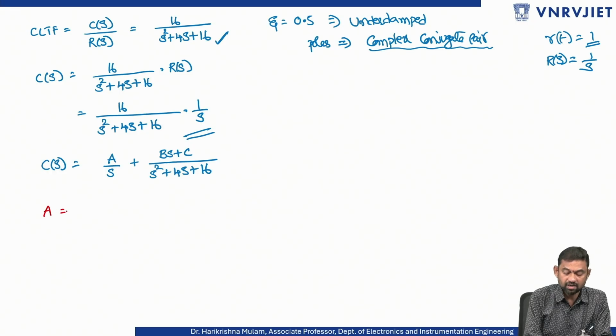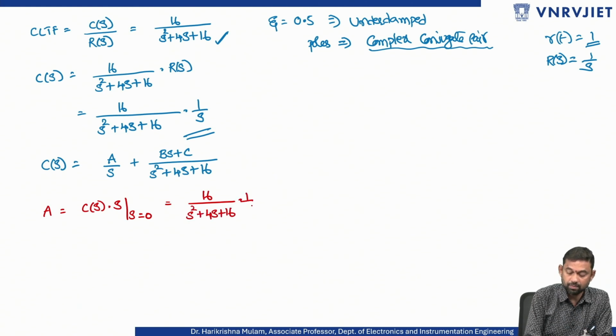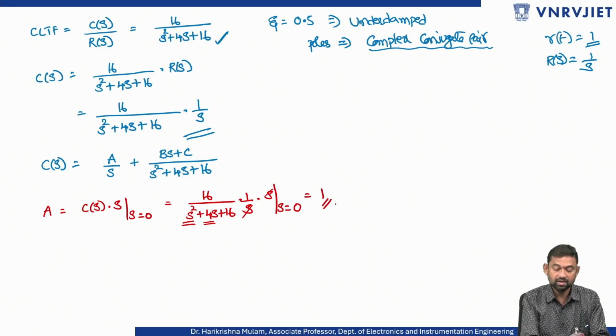A can be directly found using the formula C of S into S when S is equal to 0. That is equal to C of S, which is 16 by S square plus 4S plus 16, into 1 by S. This entire thing is C of S into S when S is equal to 0. This S gets cancelled. When S is equal to 0, the other terms become 0, and 16 by 16 is equal to 1.